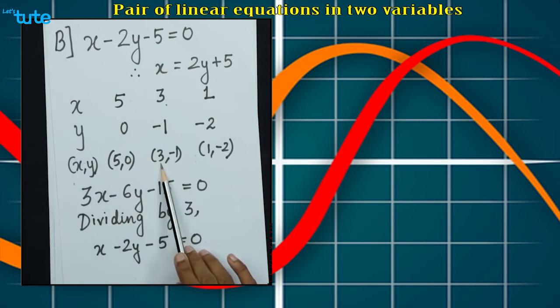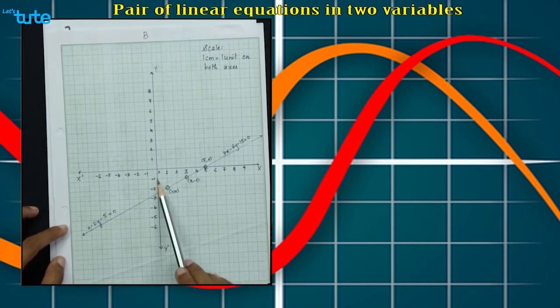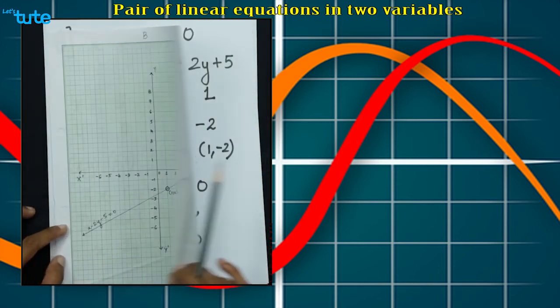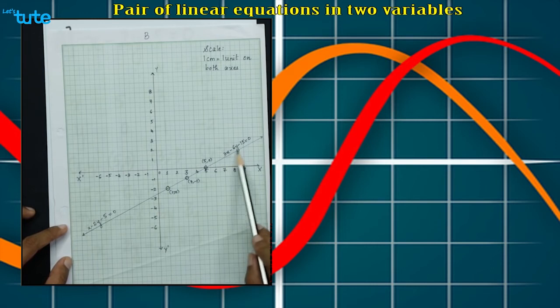The point 3, minus 1: 3 on the x-axis, minus 1 on the y-axis. And the last point is 1, minus 2: 1 on the x-axis and minus 2 on the y-axis. We have drawn a straight line passing through the 3 points.